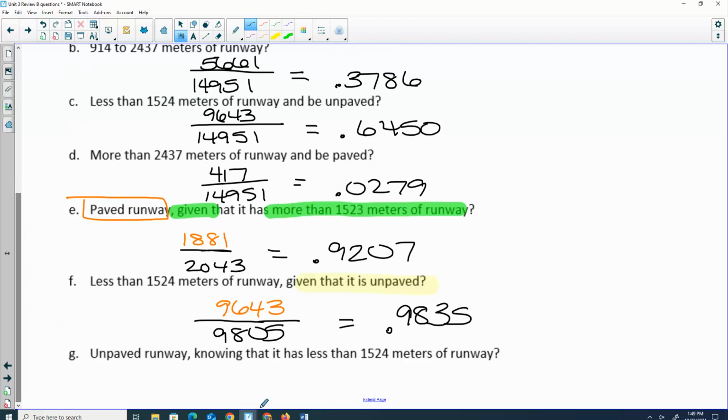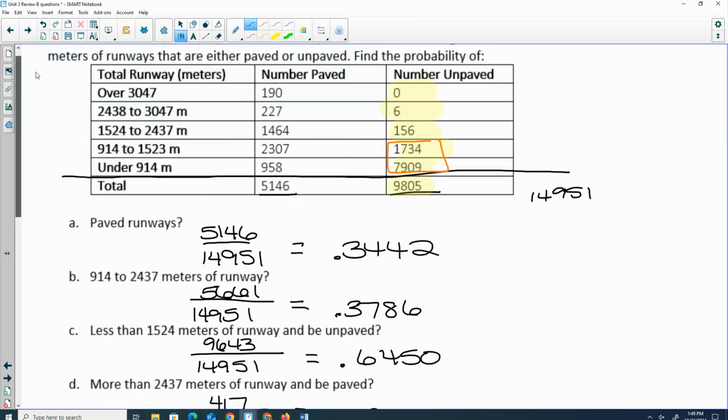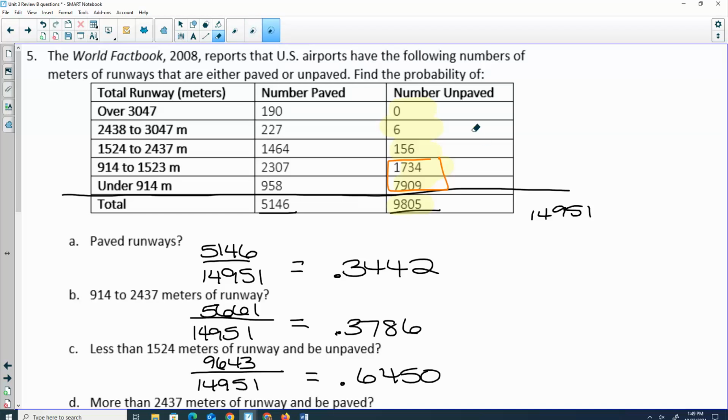All right, last one. Unpaved, knowing, that's the same thing as given, it has less than 1524 meters of runway. So I already know it's less than 1524.